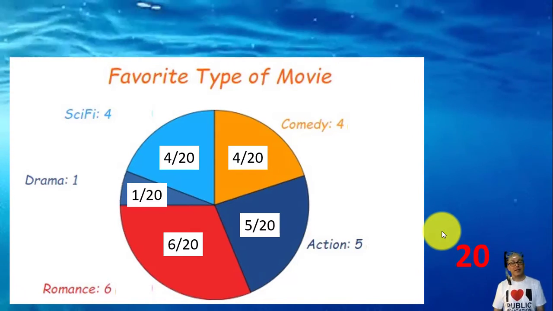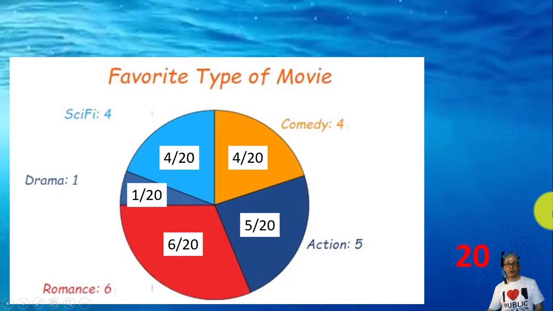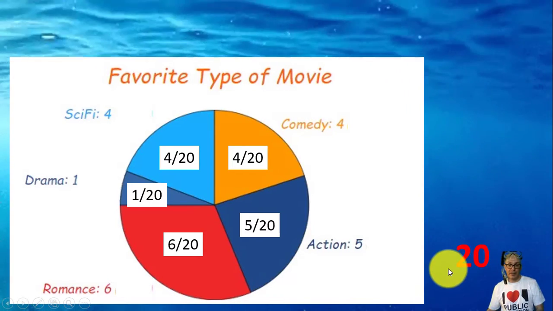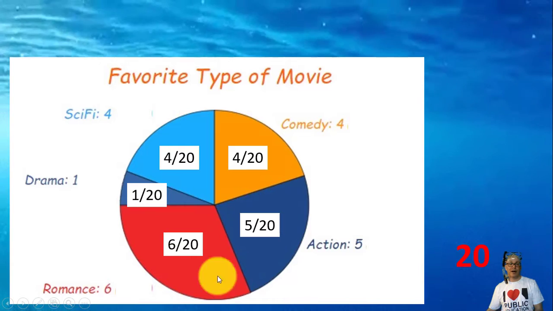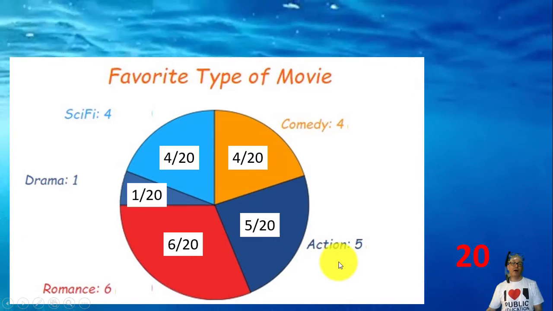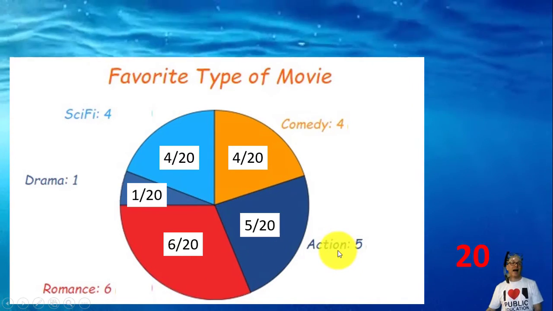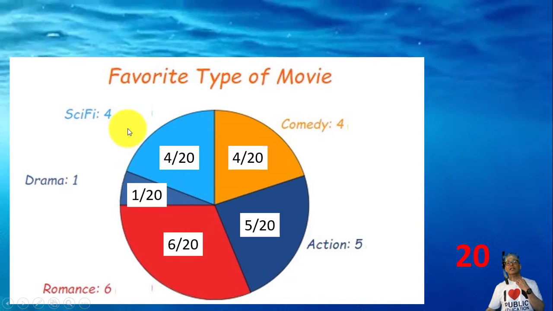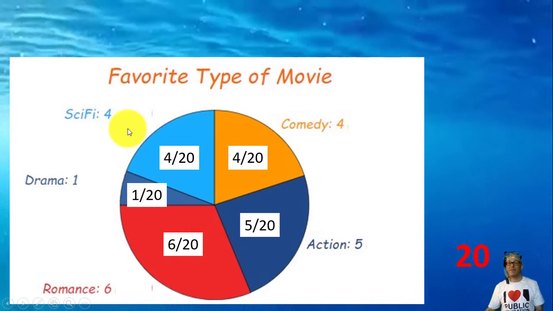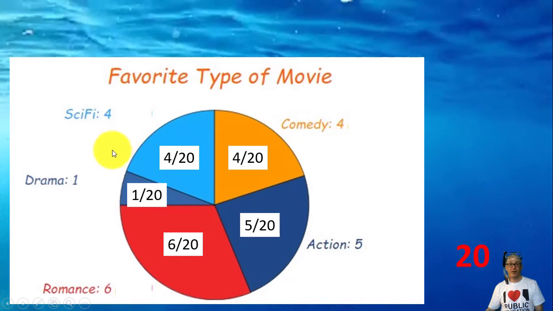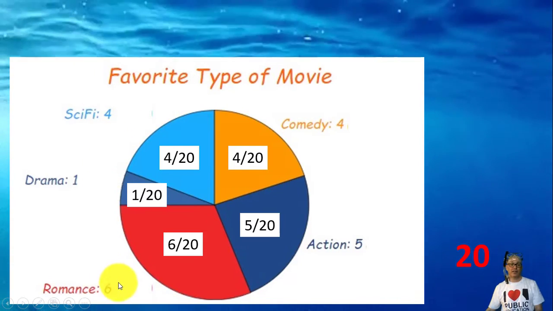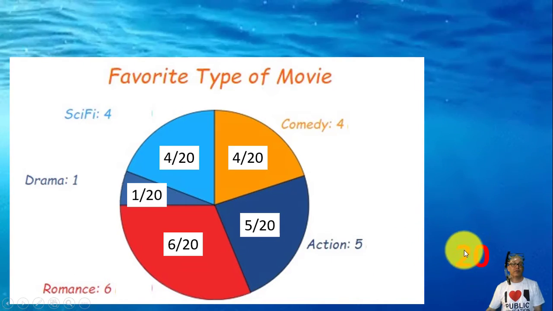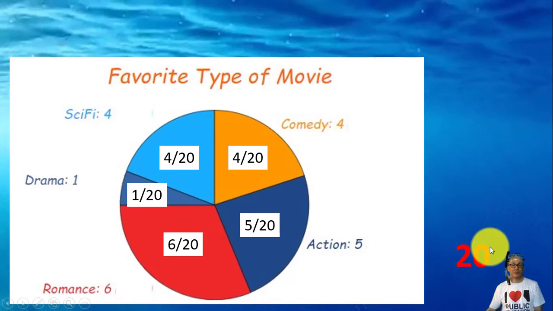If I know that 20 people responded to the whole entire survey, and 5 love action movies, and 4 love comedy movies, and 4 love science fiction movies, and drama is 1, and 6 love this, how do we find the percentage?